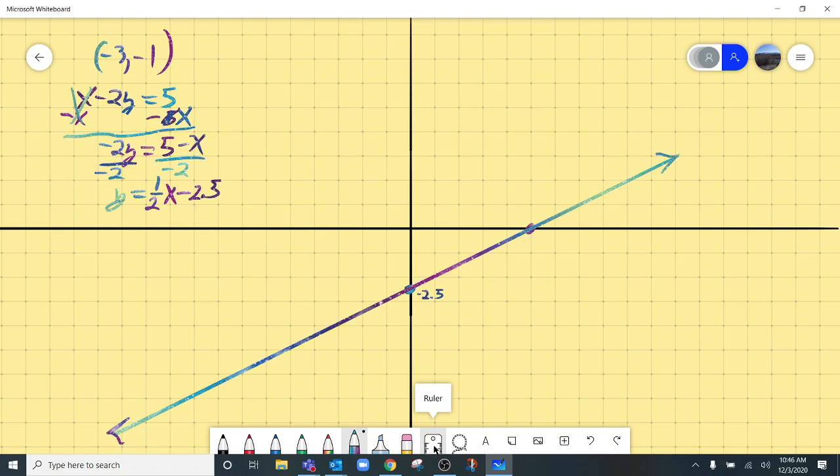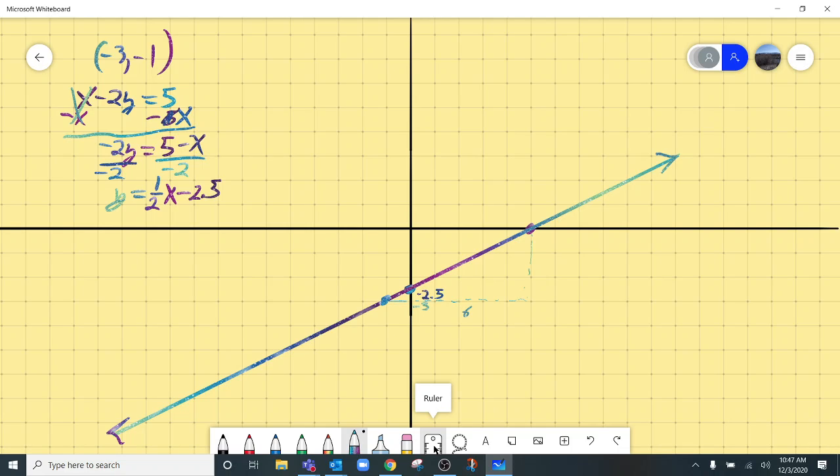Okay, this should not be this hard. It's because my point right here is a half, and I want it not to be a half. So if I go to -3, then right here and right here. Okay, so this is -3, and that means I go over 1, 2, 3, 4, 5, 6.